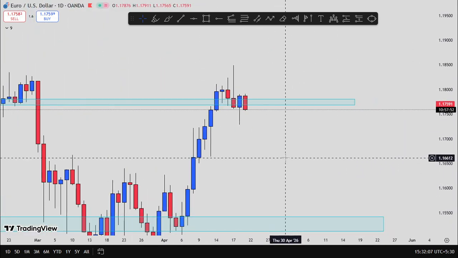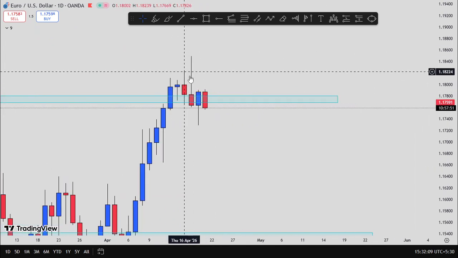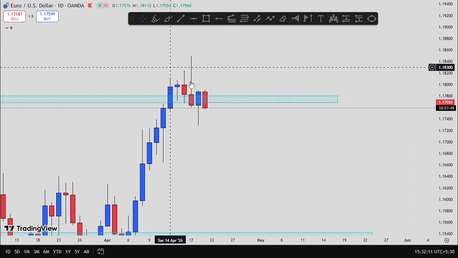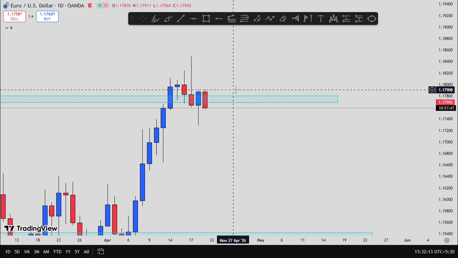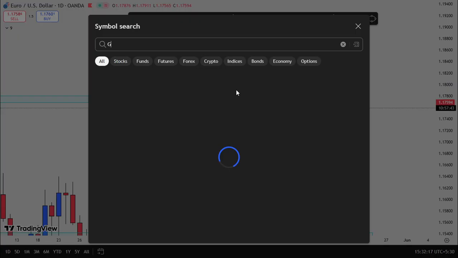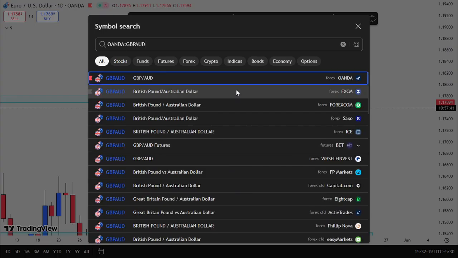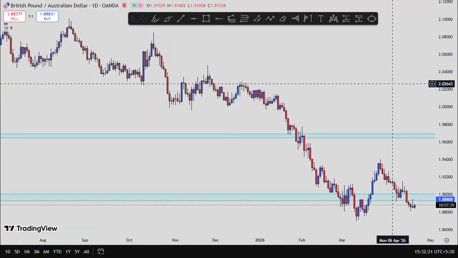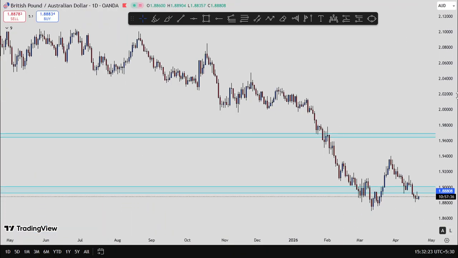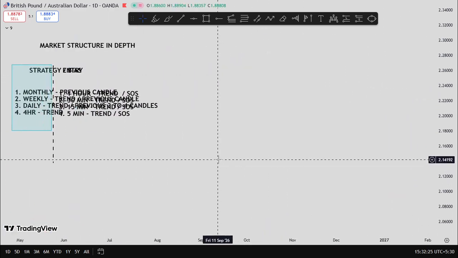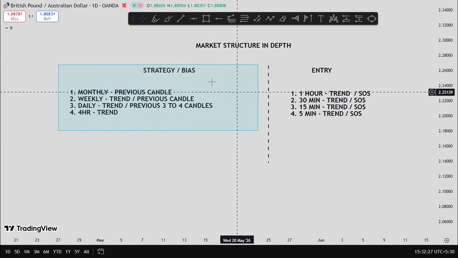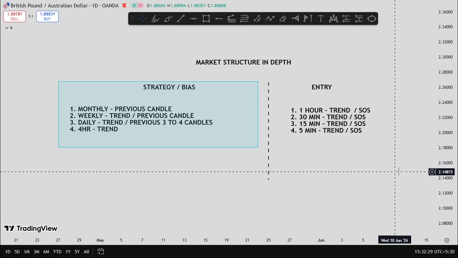The daily is very strongly bullish, but here you can see this rejection over here. That is very strong rejection. So that is what I am trying to explain. That is the playbook for you. The strategy which I have, identifying the bias and your entry.